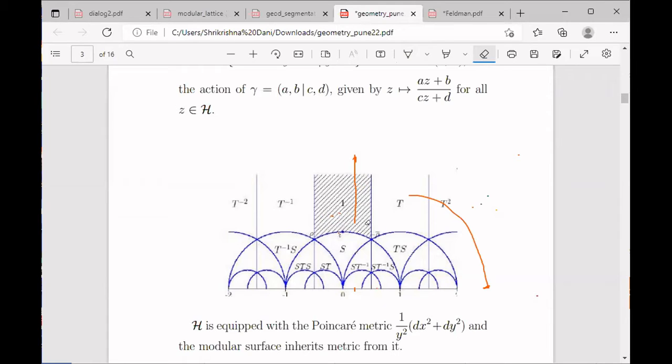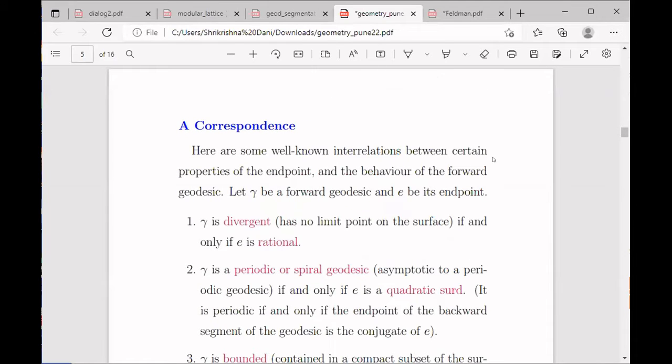But other representatives of this are the images of infinity under the action of the modular group, which consists of all rational points. So all those geodesics which end in rational points are divergent. And the statement says also that the converse is true: divergence corresponds exactly to the number being rational.